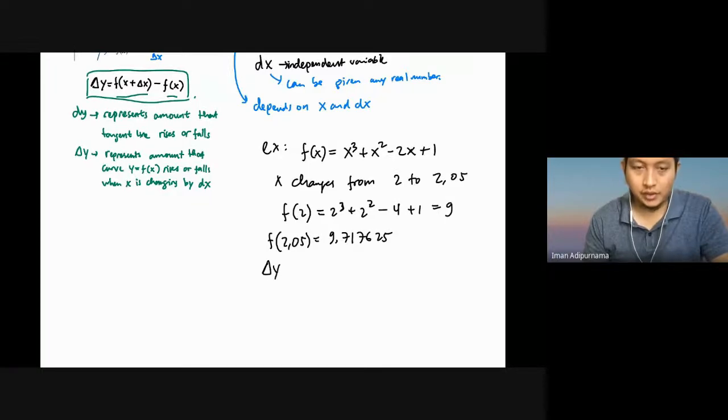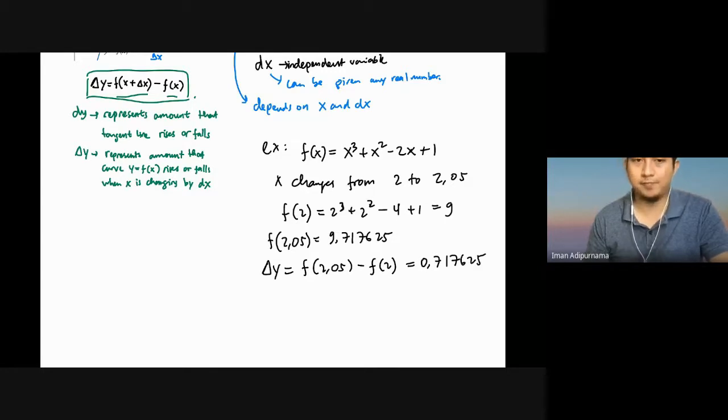If you have the delta y, this will result in this difference, which is 0.717625. Okay.